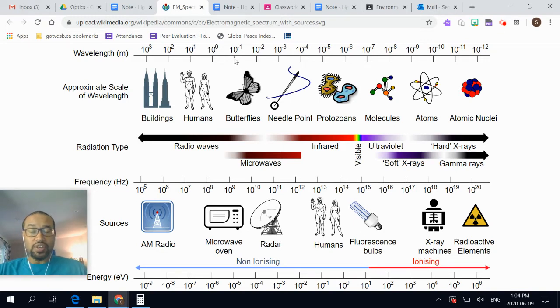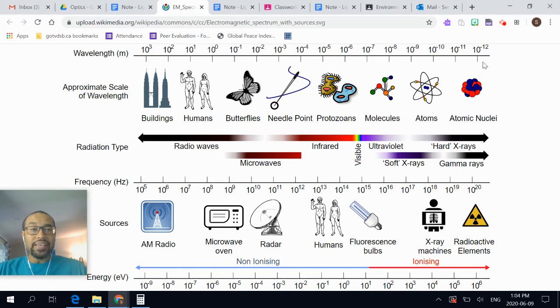So the important things to note on this electromagnetic spectrum are that the wavelength is inversely proportional to the frequency, meaning the following. As the wavelength gets larger, and in this, it's going larger from right to left. So this right here, 10 to the 3, is a much bigger number than 10 to the negative 12. 10 to the 3 means 1,000 meters, whereas when you get to these negatives, 10 to the negative 1 is actually 0.1 meters.